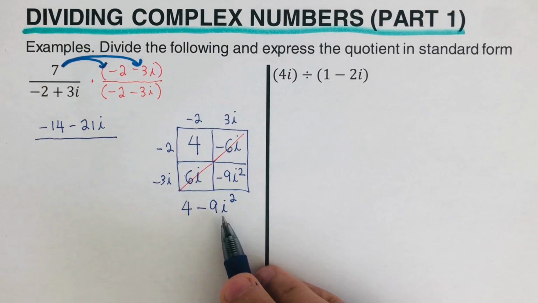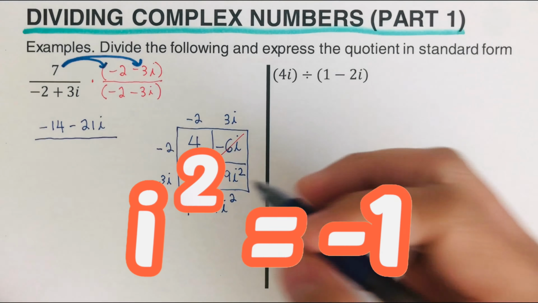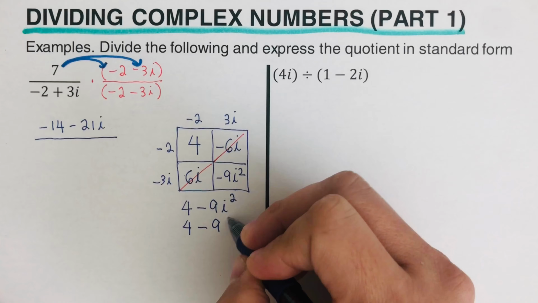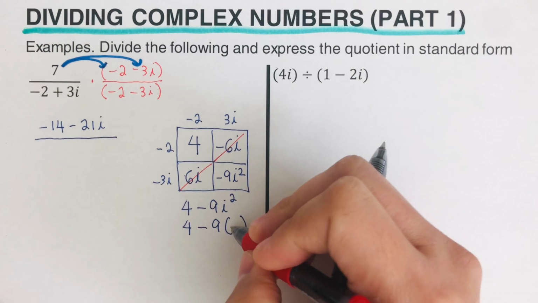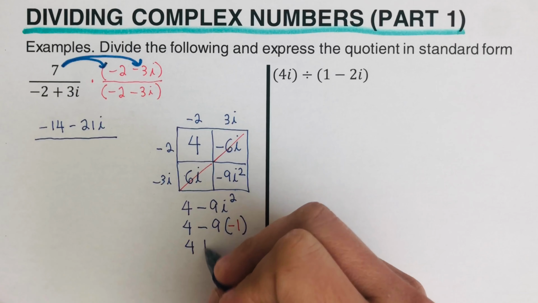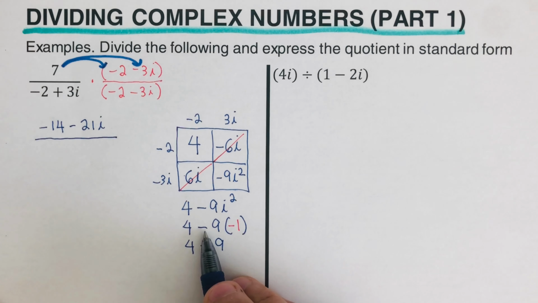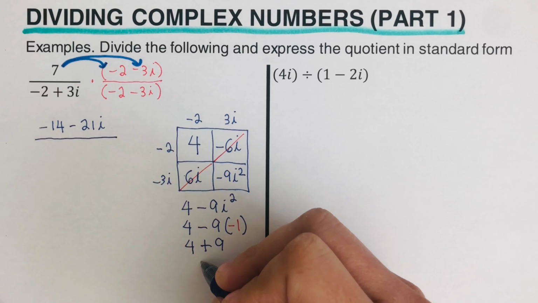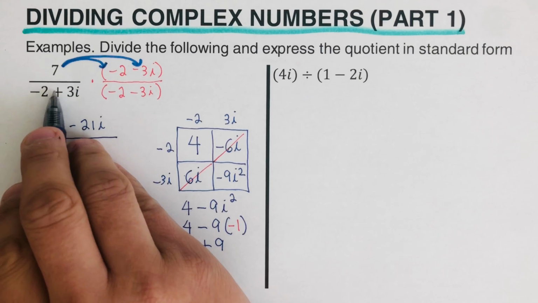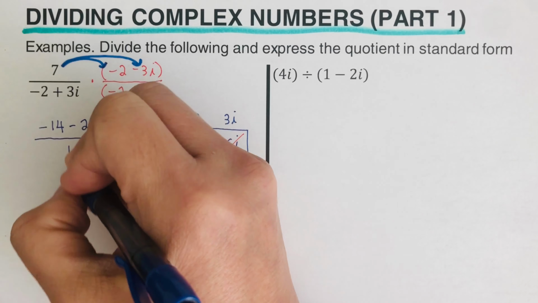Now we remember that i squared is equal to -1. So then we can rewrite this as 4 minus 9, and again, i squared is equal to -1, so I put a -1 right there. So that would be 4 plus 9, because -9 times -1 is a positive 9. So that is equal to 13. So the denominator here, when we multiply these two binomials, would be 13.